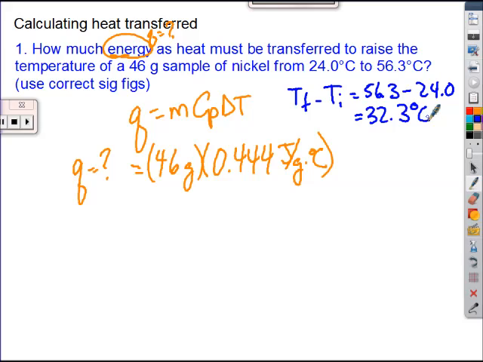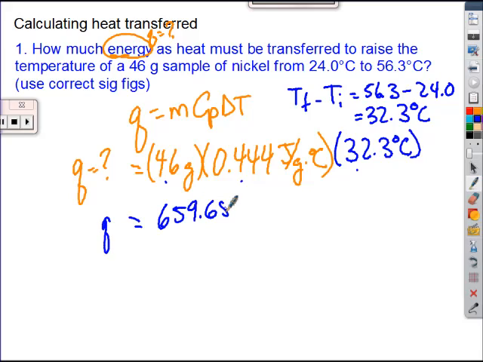Okay, so now I have my temperature that I'm going to put into my equation. And when I multiply 46 times 0.444 times 32.3, what do I come up with for Q? 659.6952. Okay, and units are going to be joules.